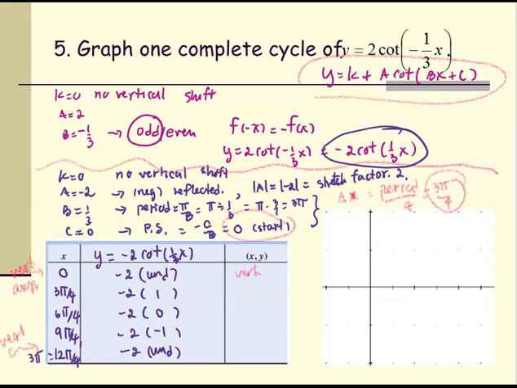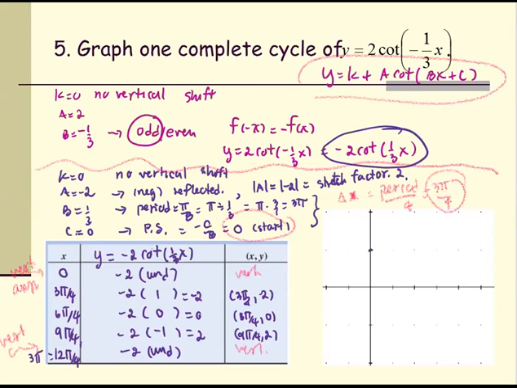So vertical asymptote here, vertical asymptote there at the beginning and the ending of the graph. -2 times 1 is -2 and then 0 and then +2. Order pair 3 pi over 4, -2, 6 pi over 4, 0, and then 9 pi over 4, 2.